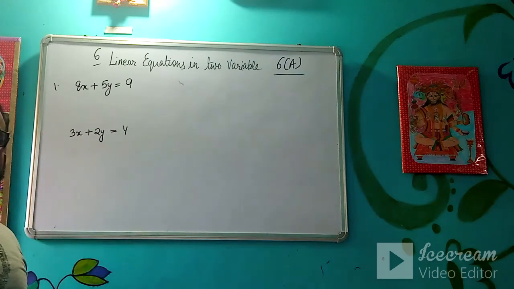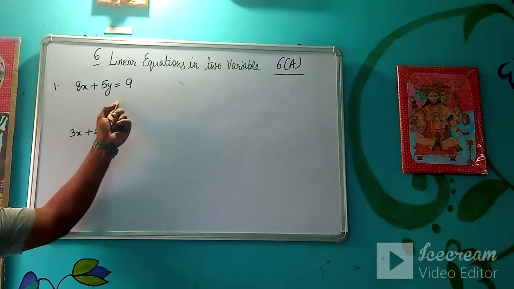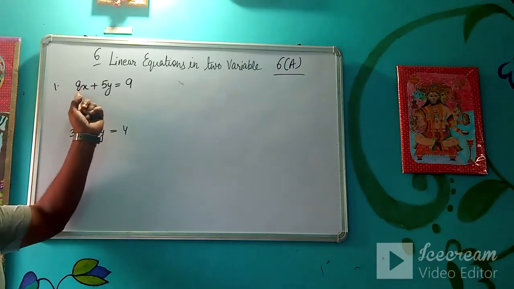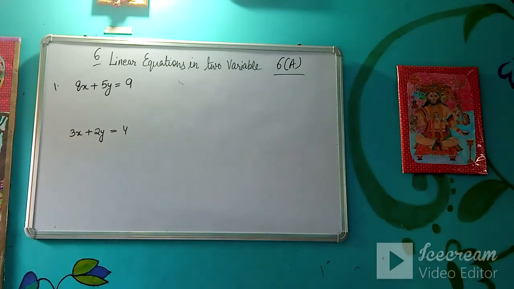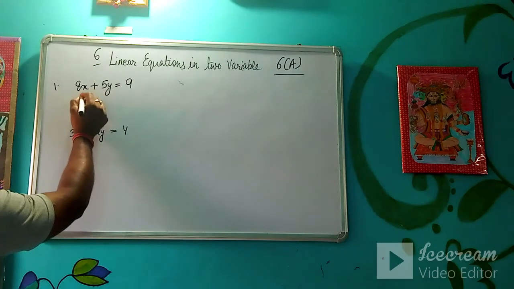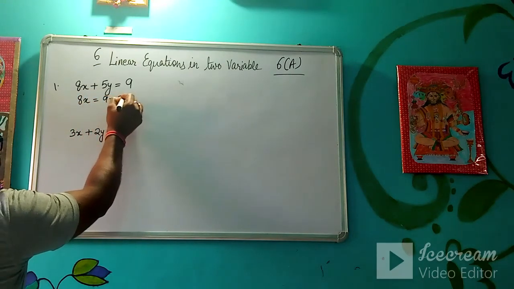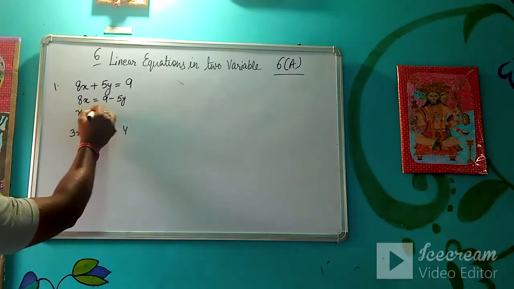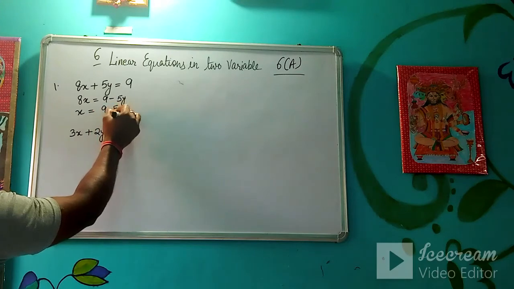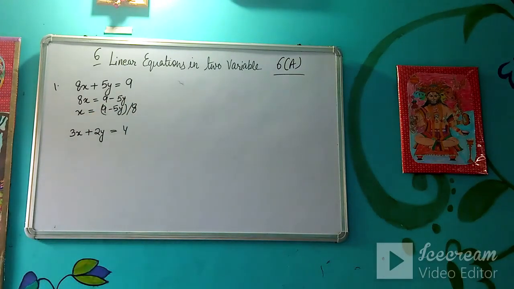The first step, I have told you, is to take out the value of either x or y. If you want the value of x, it will come in terms of y, and if you want the value of y, it will come in terms of x. Suppose we take out the value of x: 8x is equal to 9 minus 5y. So x is equal to 9 minus 5y upon 8. This is the value of x.